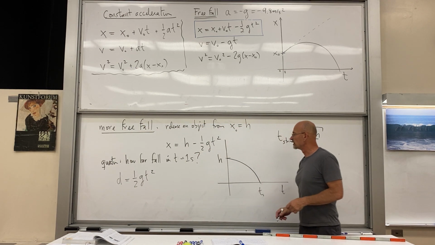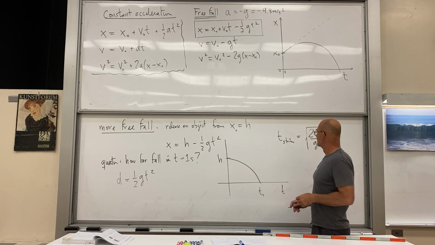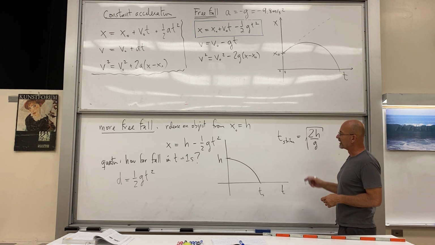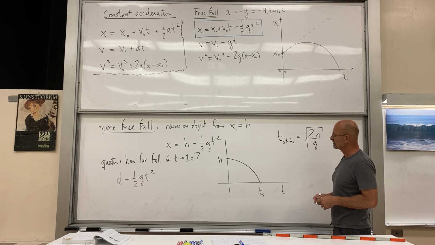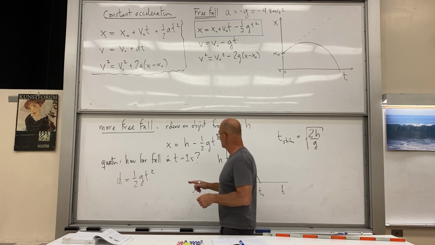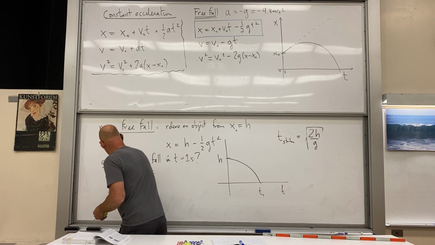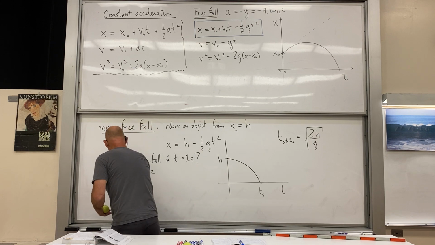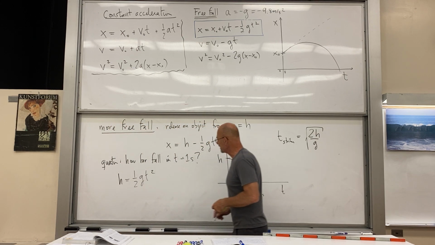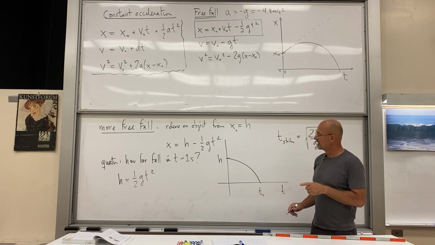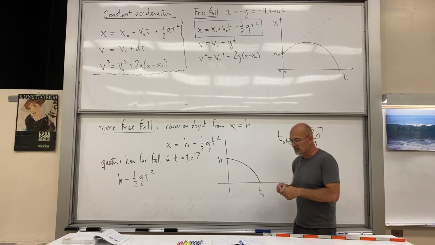Okay. We could either do it in this formula and solve for h, 1/2 gt squared. Again, this is something you want to figure out.